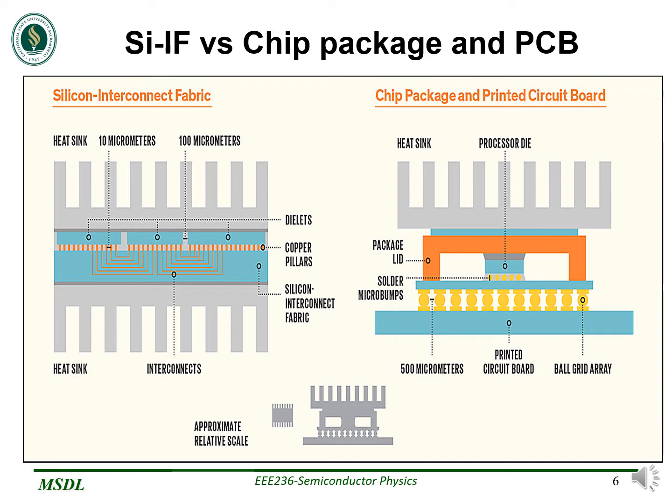Next, we will see the difference between the PCB and chip package and silicon interconnect fabric. As we see in the figure on the right side, we can see the PCB. On top of the PCB, there is a heatsink which is used to extract heat. In the middle of the PCB, we can see the processor die that contains circuitry which is connected to the solder bumps.